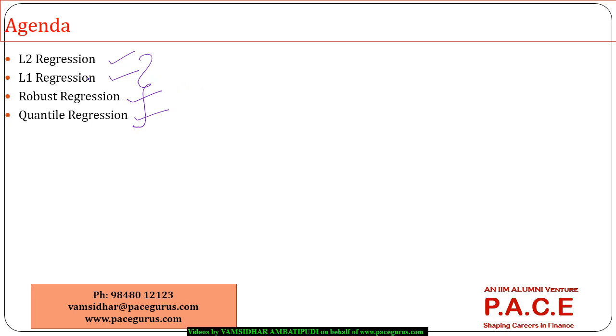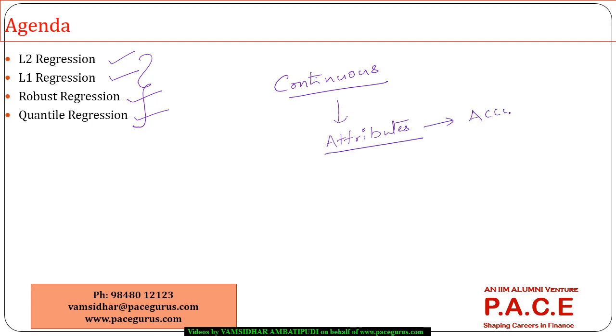These are the four different methods we would be looking at, and we would try to take a data set which has a continuous variable as the response variable, and try to build a relationship between the continuous response variable and the various attributes, and see to what extent the predictability or the accuracy of the model can come out after the boosting process.